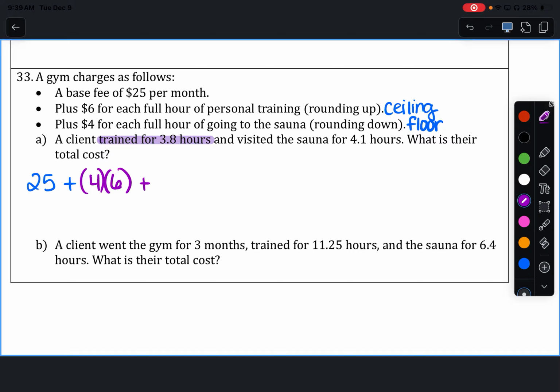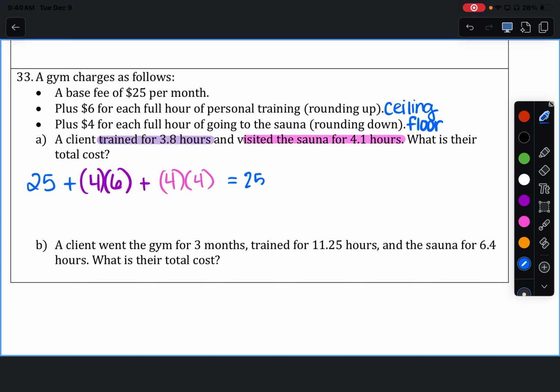Okay, plus she then visited the sauna for 4.1 hours. For the sauna, we had to do the floor function. So what is the floor of 4.1? And how much money is it per hour for the sauna? Okay, so to find the answer to this, we multiply these.